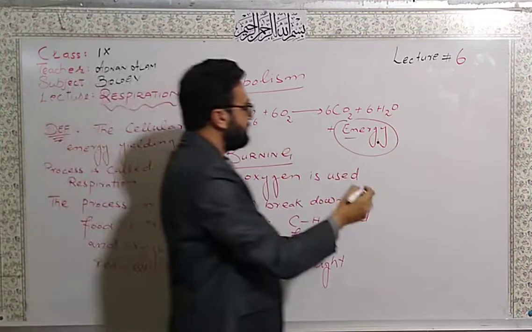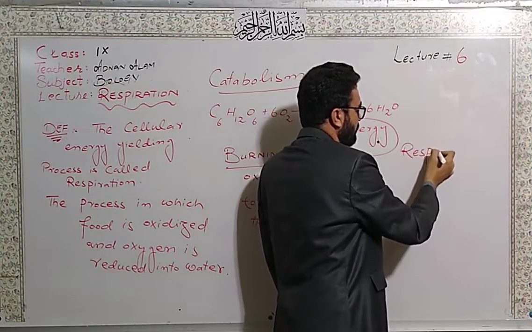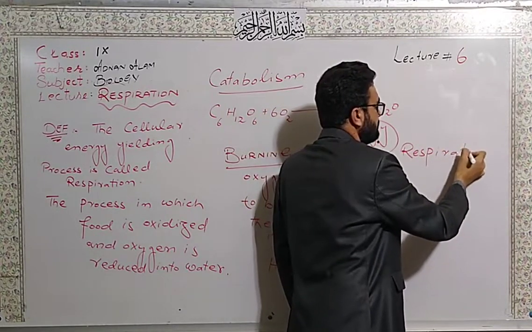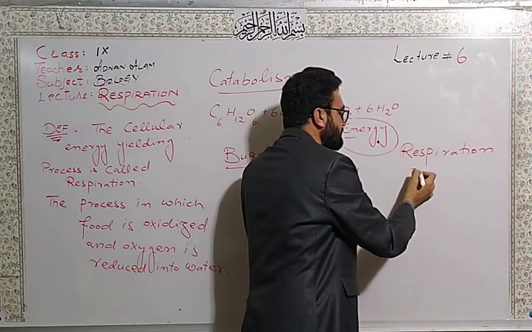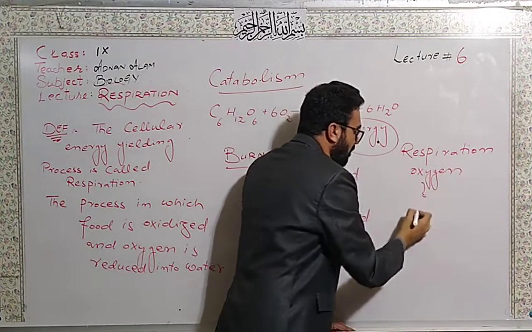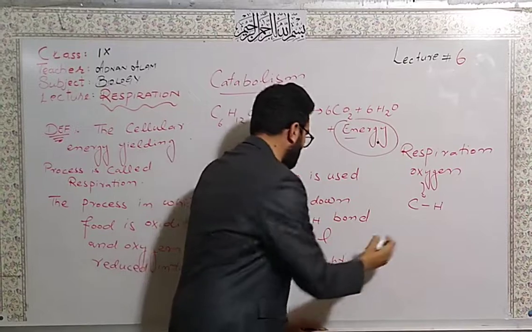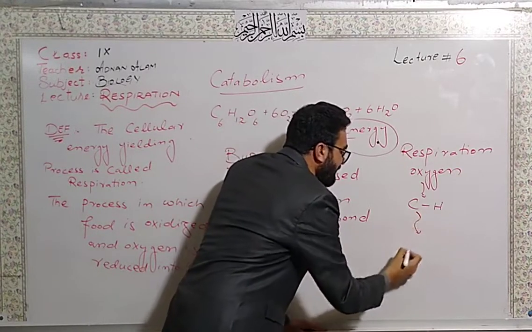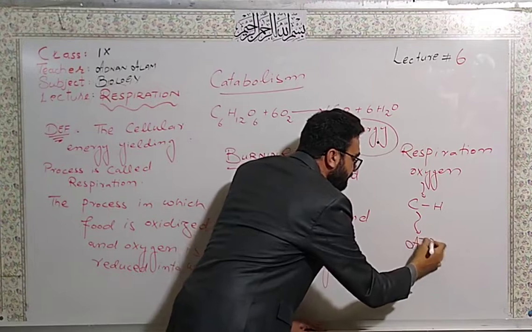In cellular respiration also, we use oxygen to break the bond between carbon and hydrogen, and we get energy in the form of ATP.